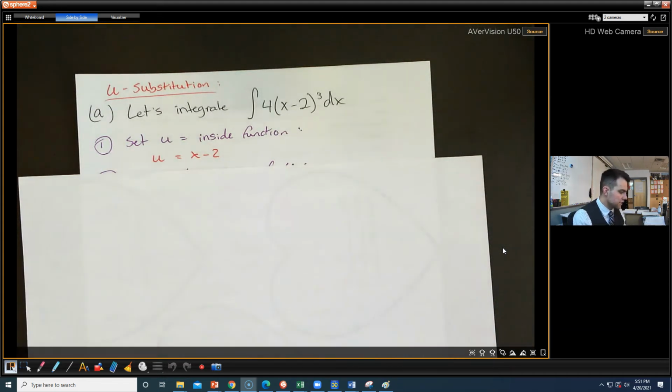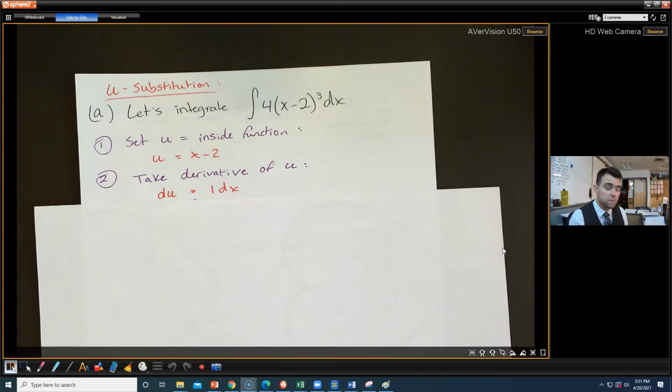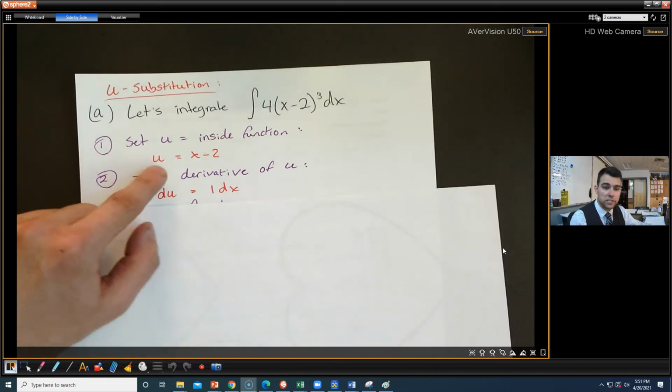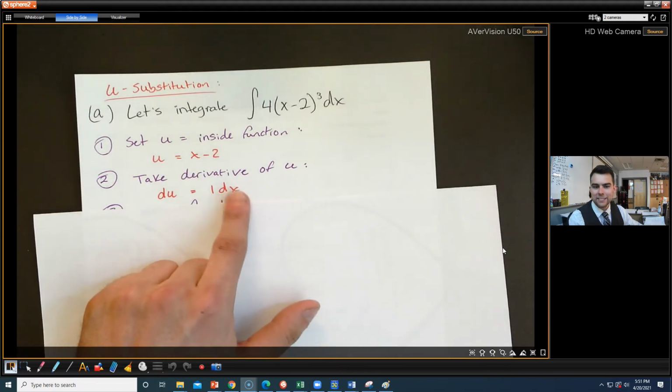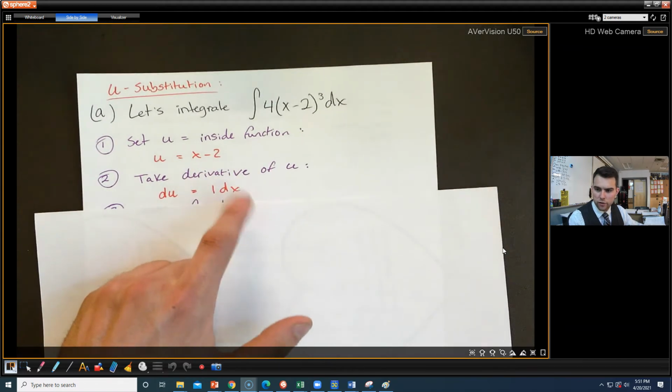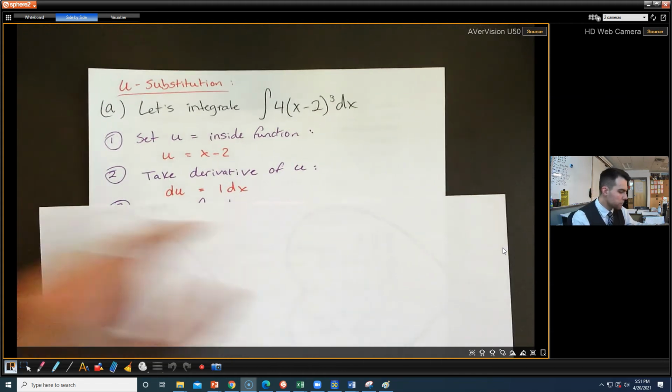So I find what that is. And then I need to take the derivative of u, right? So I take the derivative of both sides. And when I do this, I have to include my dx next to this derivative over here, okay? That might not be so obvious right now. Don't worry about it, okay?